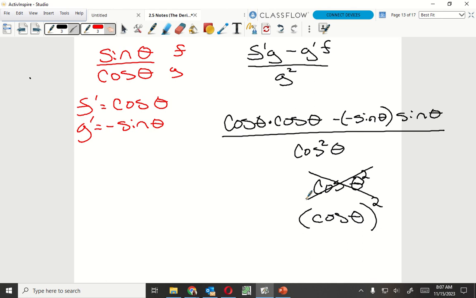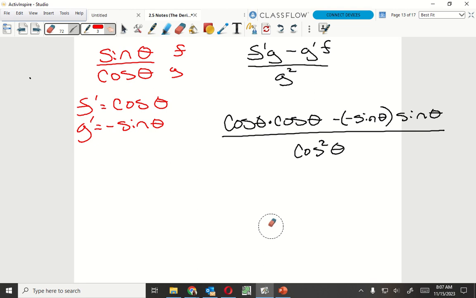So I just wanted to throw that out to make sure everyone knows where and why. Now, I love this because this is beautiful. I have minus a negative. What happens there? It changes to a plus. What's cosine times cosine? Cosine squared.